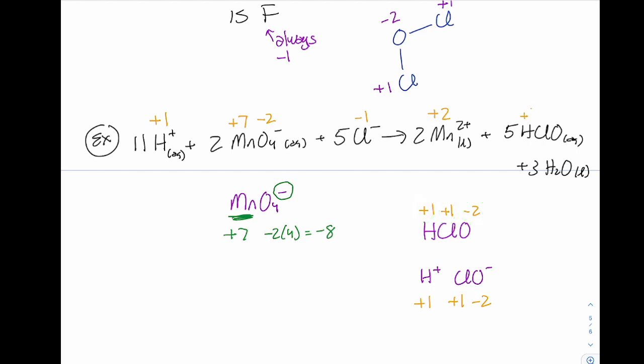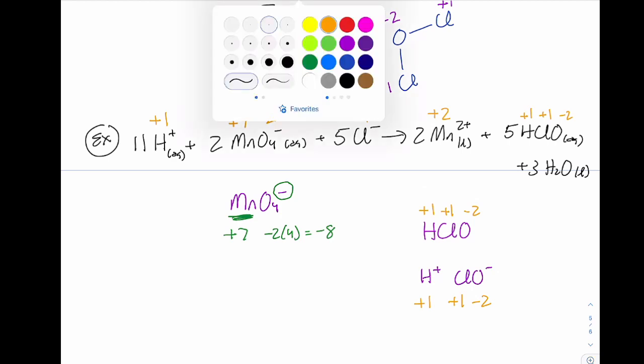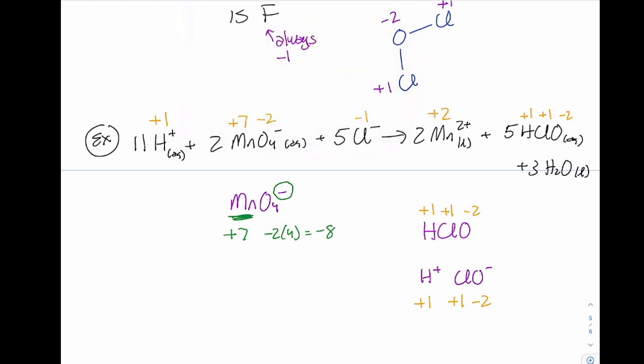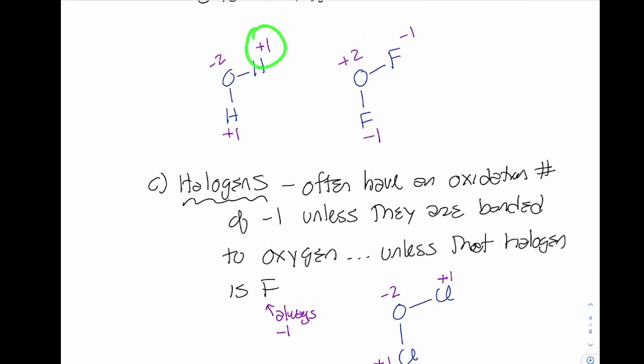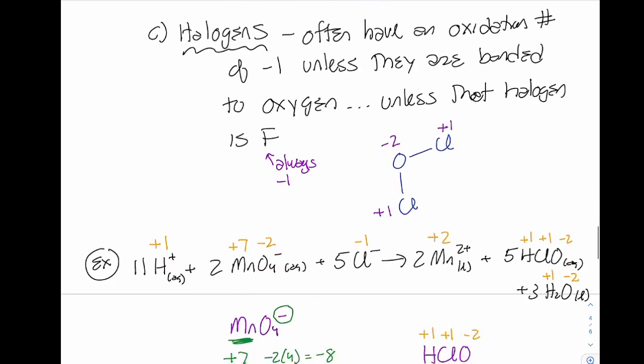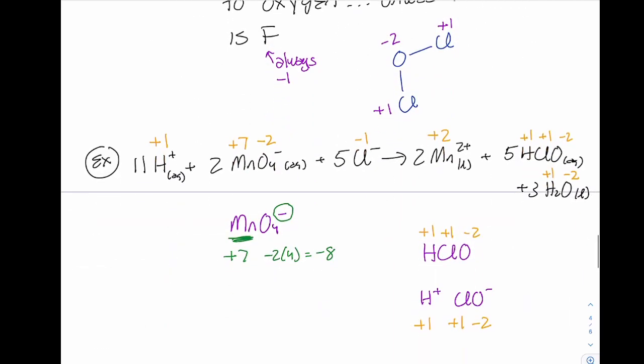So +1 for hydrogen, +1 for chlorine, -2 for oxygen. And then water, we already did that one, so I'm just going to write them on here. -2 for oxygen, and then a +1 for each hydrogen, right? There are 2 of them, but each one is +1, right? +1, +1, and my -2. So those are my oxidation numbers.